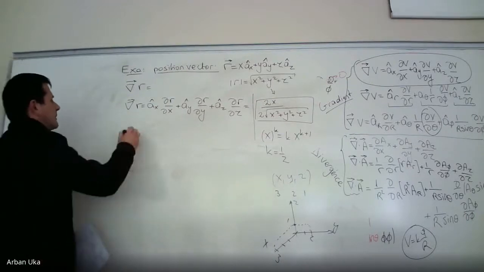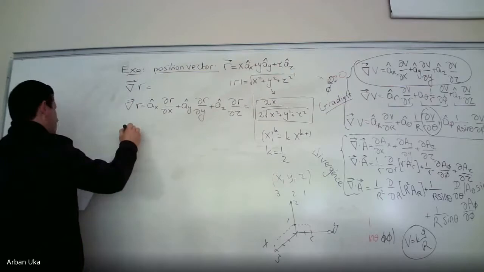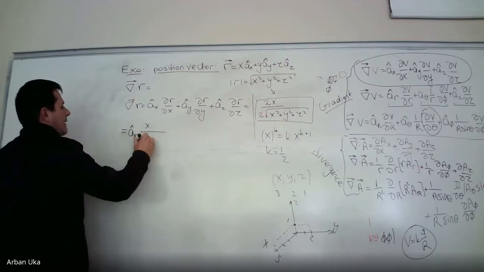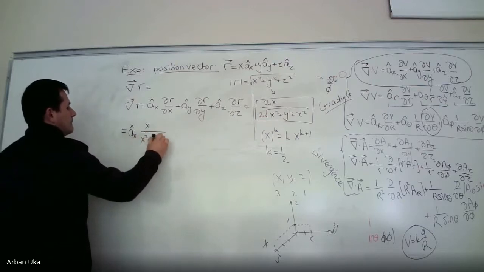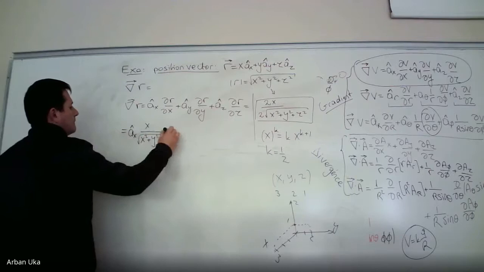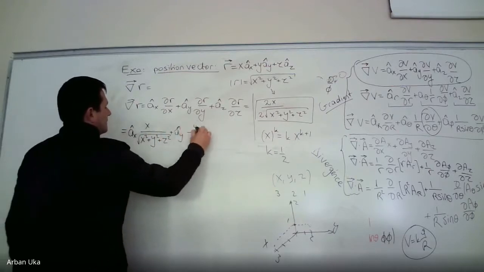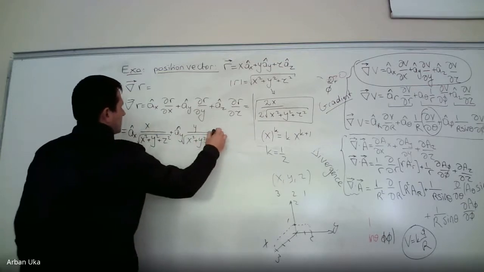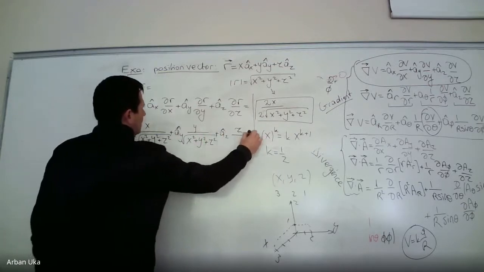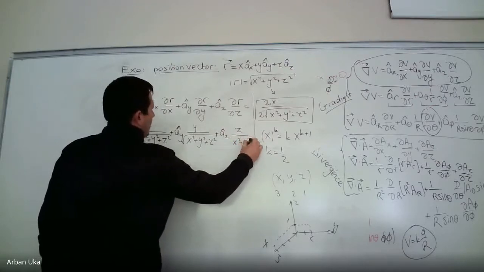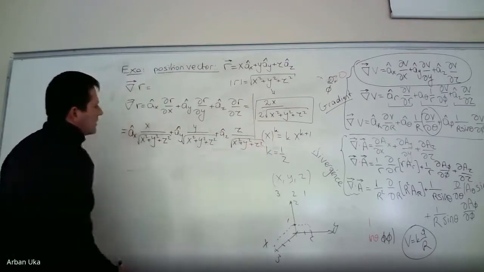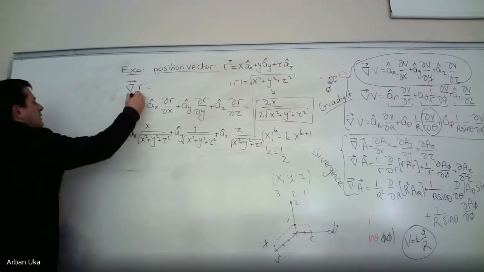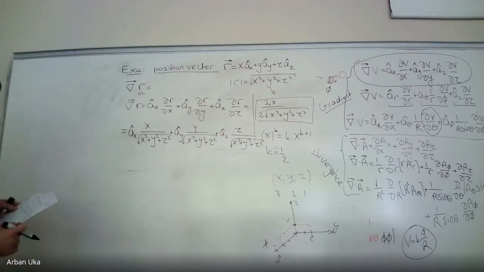And this means that here we will get ax, and so on. So this would be the gradient of this magnitude, or of this scalar quantity.